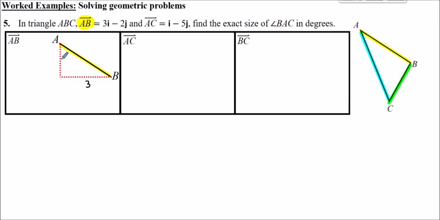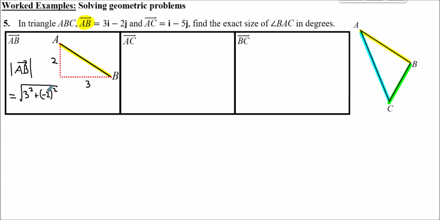So the magnitude of this distance is 2. Now in terms of this, what we'd be interested in working out is the magnitude of AB, in other words, the length of this side of the triangle. So the magnitude of this vector AB, which will relate precisely to the length of this line that represents AB, we just think about this as squaring the i component and squaring the j component and square rooting the whole thing.